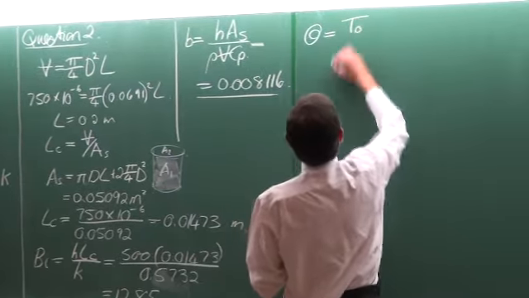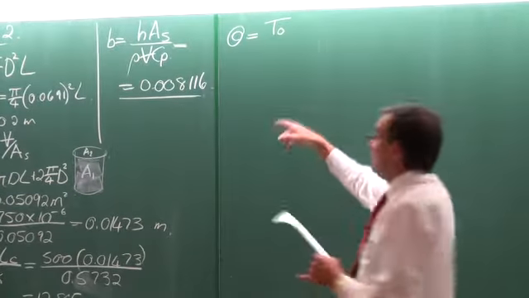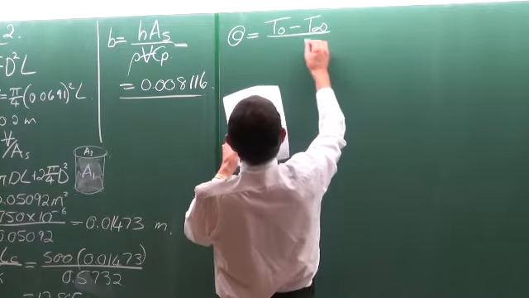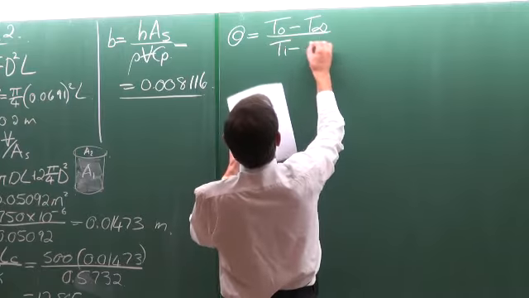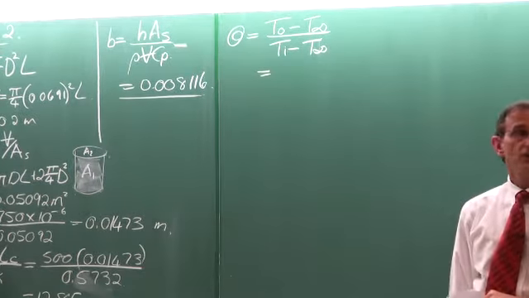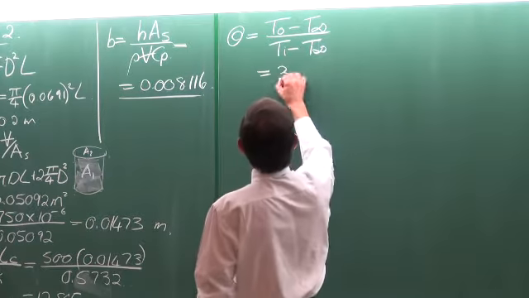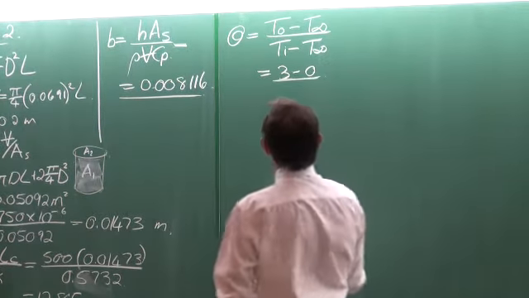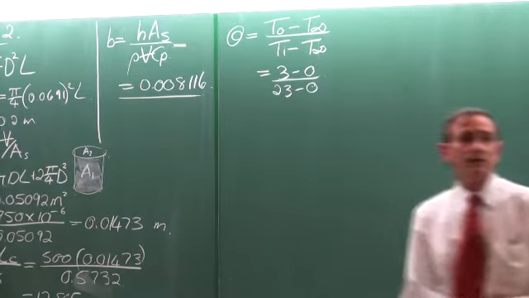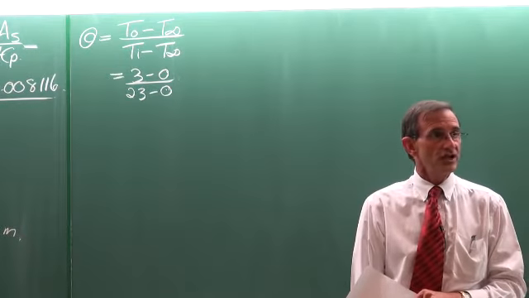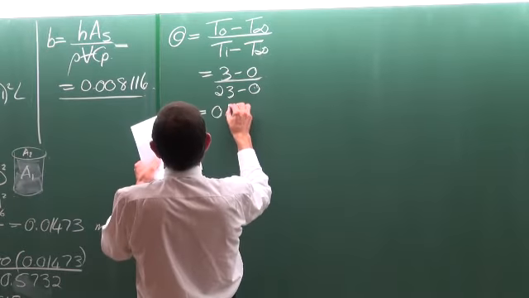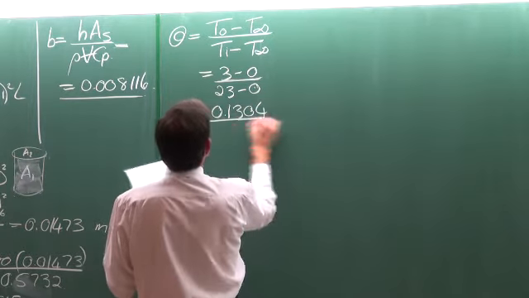It is the temperature in the body minus T infinite, over Ti minus T infinite. The temperature that we want inside is 3, the temperature on the outside is 0. 23 is the initial temperature and the environment temperature, and that gives us a non-dimensionalized temperature of 0.1304.